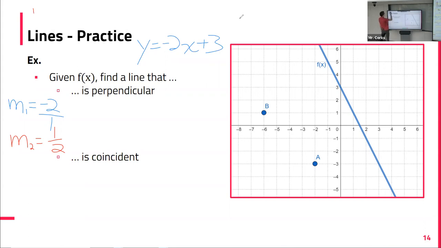This is a negative reciprocal. Reciprocal sort of means like kind of like opposite, sort of like a matching pair of something.